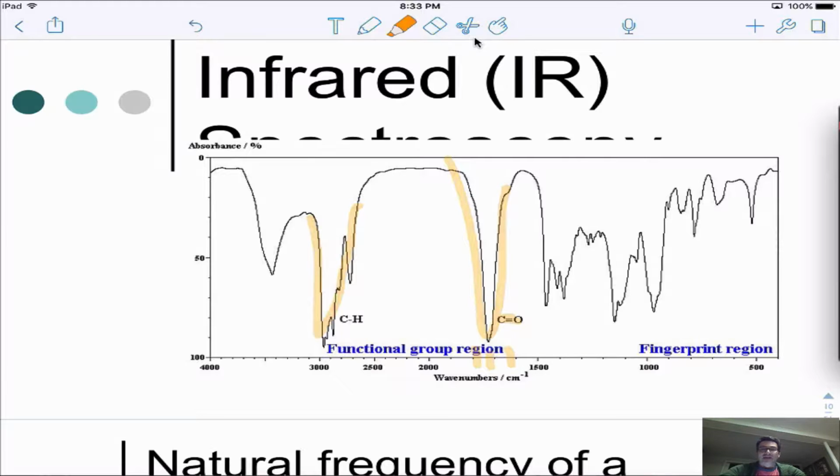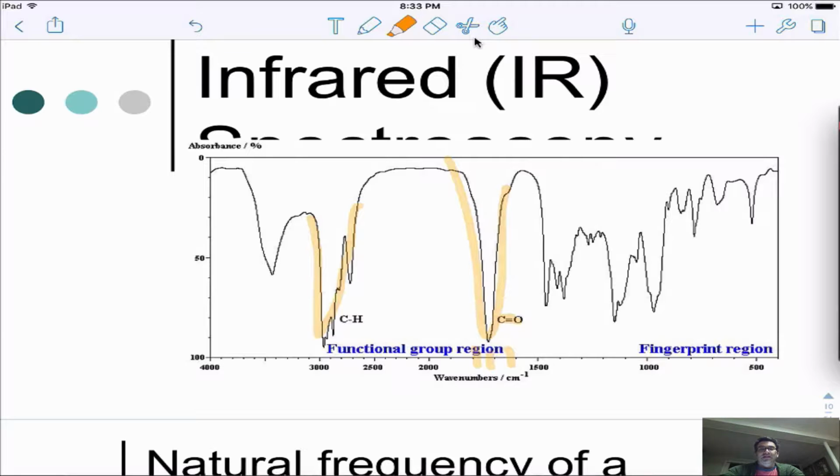Now, what chemists do with this is they have a sample and they run it through one of these machines that generates an IR spec. And then they compare it to a book, or now they use computer programs to compare it to known molecules. They analyze the spectra. Now you could have a very complicated molecule. This is normally kind of like the first step in what a scientist is doing.